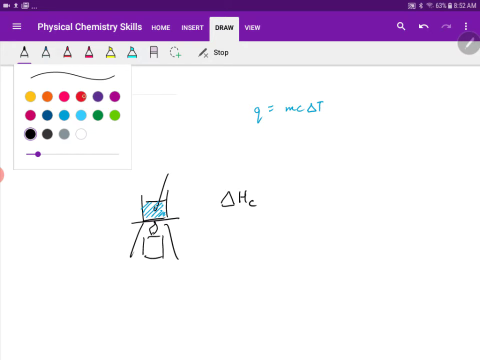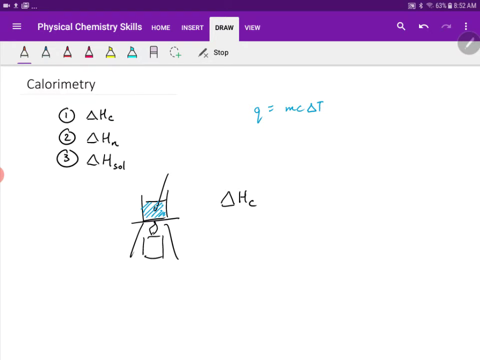Okay, and the other thing that we are looking at is from the reaction, which is the fuel, where we have this equation of delta H is equal to negative Q over N. Alright, so based on this color code, we will know that the point of this equation is for us to use the value of N from this fuel source itself.